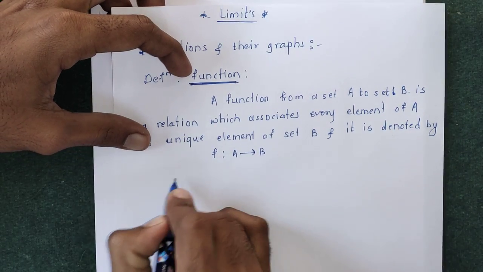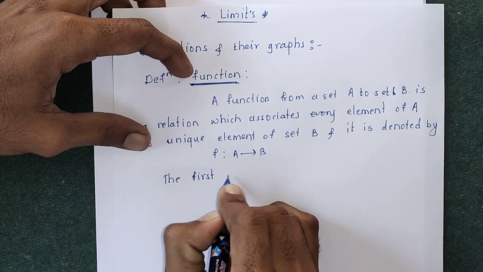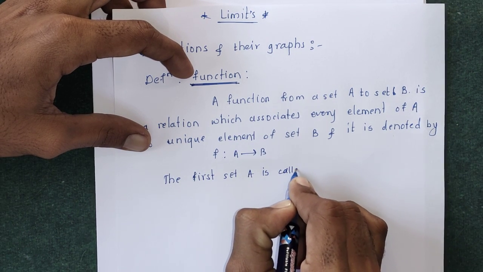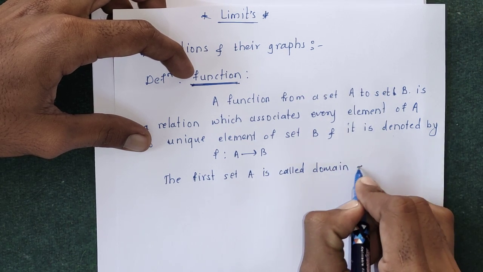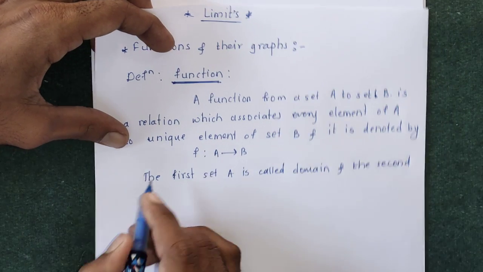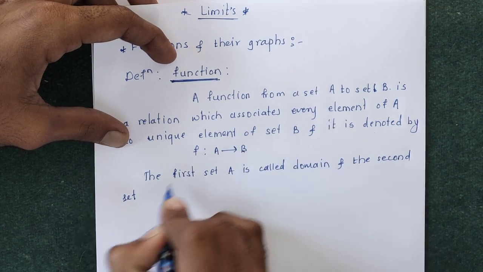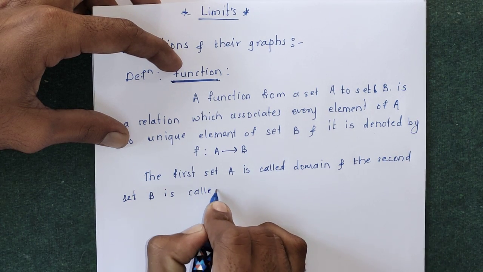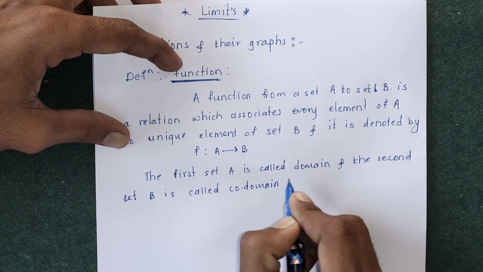So we will write the first set A is called domain, and the second set B is called codomain of the function.